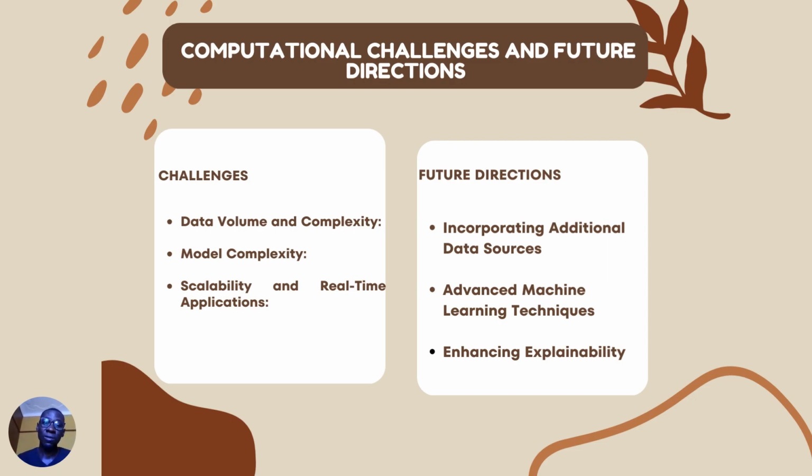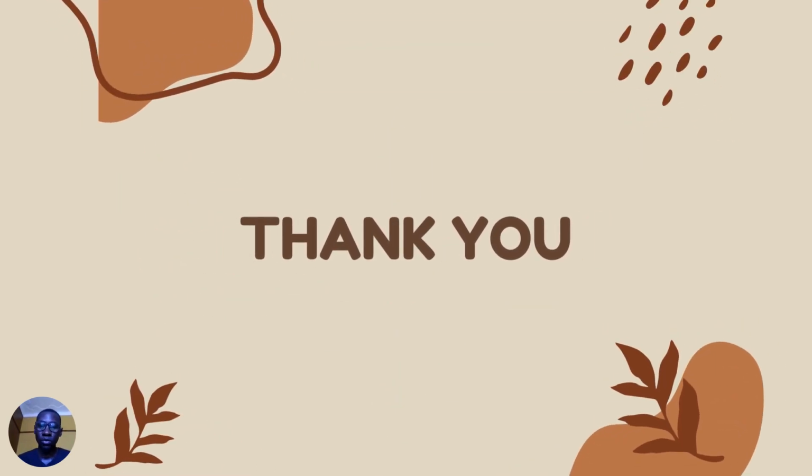Some of the future directions from their findings are incorporating additional data sources, then advanced machine learning techniques, and then enhancing explainability. Basically, that is it from the paper, and the ABC ensemble model used to understand the bias towards sub-seasonal forecasts.